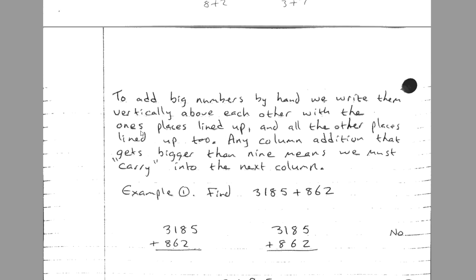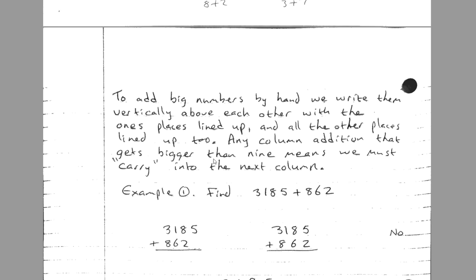Okay, so the ones places should all be lined up, all the tens, all the hundreds. That's a basic idea. When you're adding anything, you should be adding like terms. And then just add up each column.